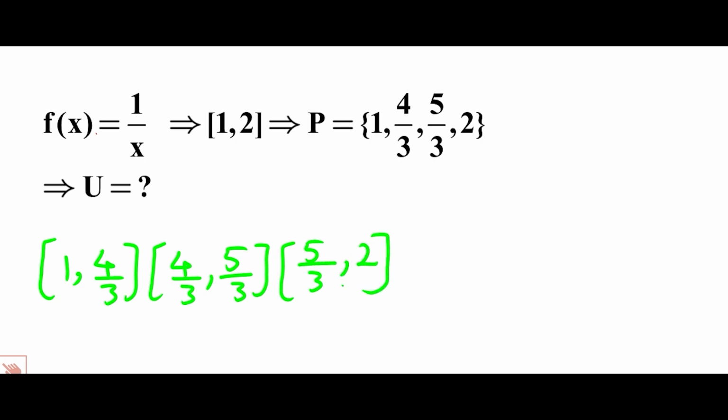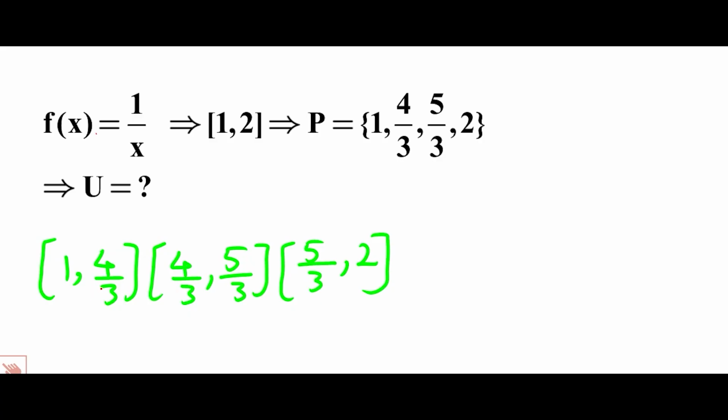And as you know, f of x equals 1 over x is decreasing on 1 to 2. That means on each subinterval, the maximum value occurs at the left endpoint. So the maximum values are f of 1, f of 4 over 3, and f of 5 over 3.